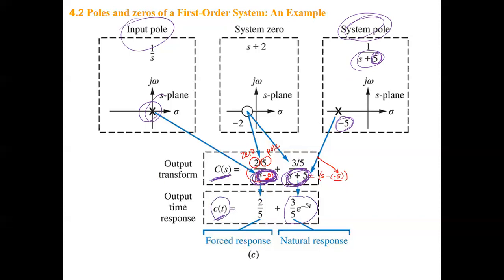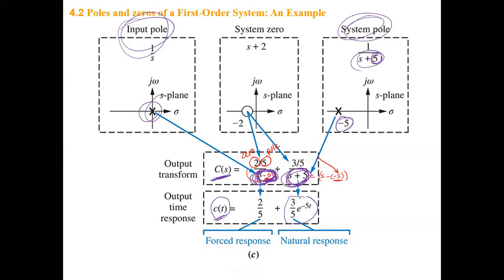When you get the solution, one part is coming from the input pole. That solution is called the forced response, because it is the input that forced us to get this one.